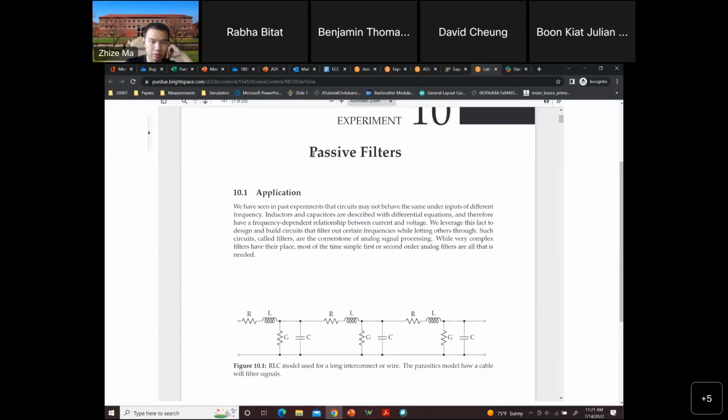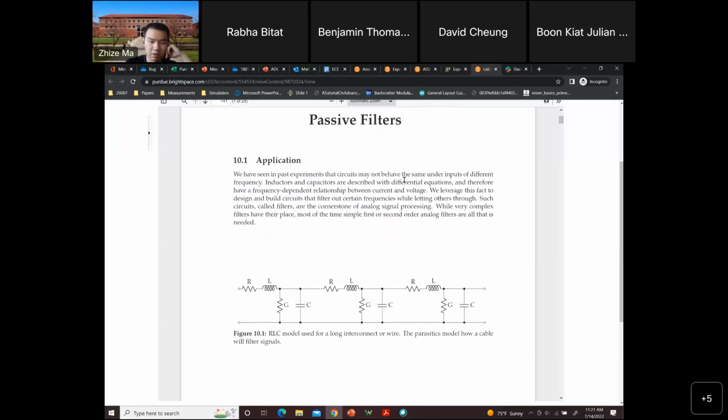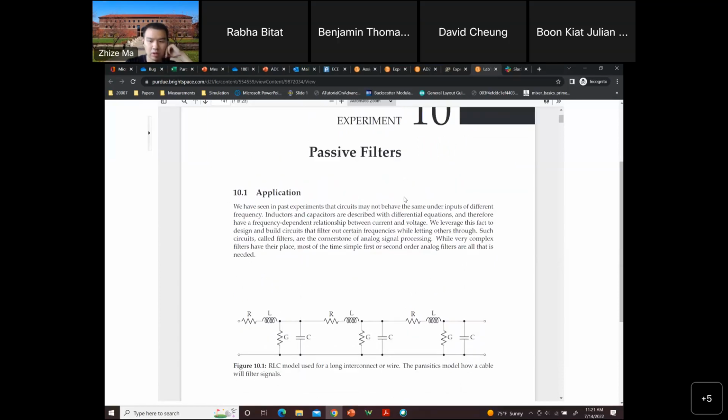So the cell phone needs a filter to filter out the signal it doesn't want and let the signal it wants be received by the cell phone. So that's the basic function of the filter. It filters out the frequency it doesn't want.